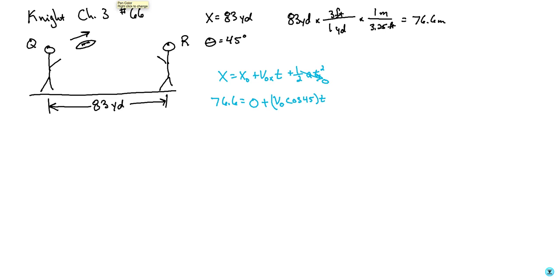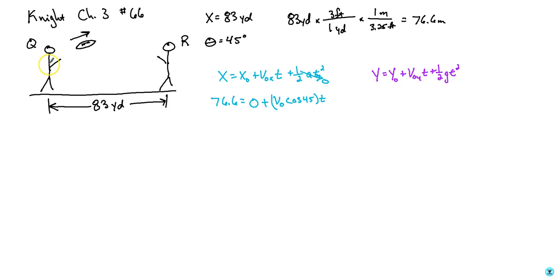The only place we can go if we're stuck in the x direction is the y direction, to help us find more information so we can solve this system of equations. So I'm going with y equals y sub o plus v sub o y t plus 1/2 g t squared. If we take the height of the quarterback to be the origin, we call that 0.